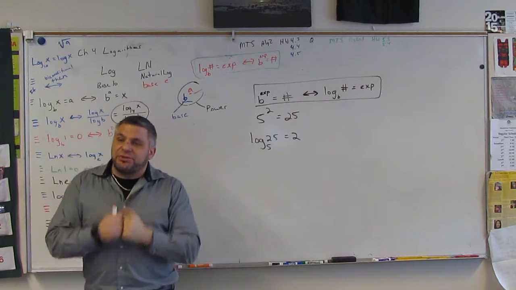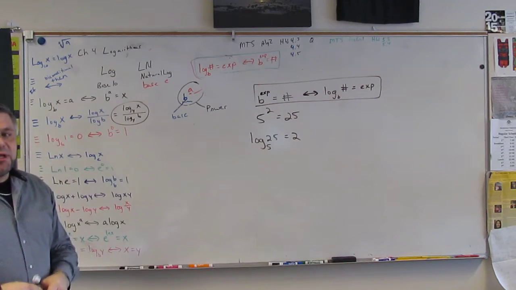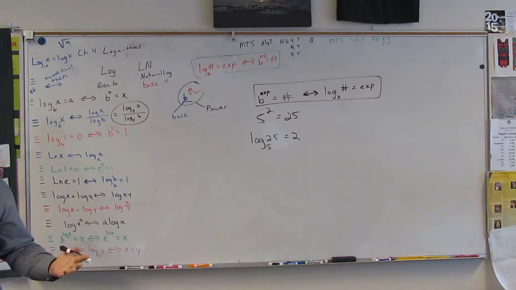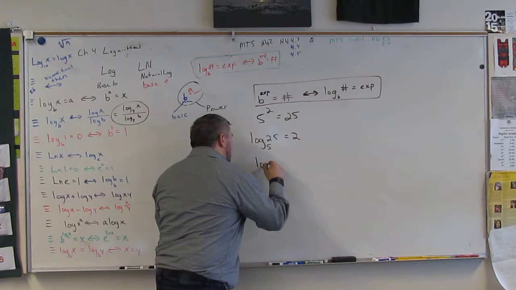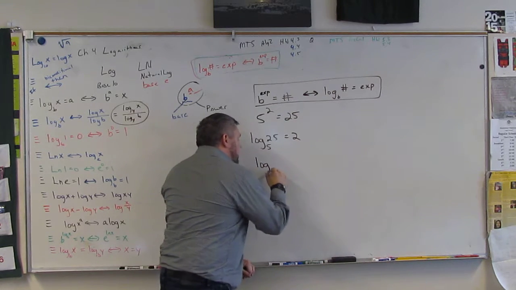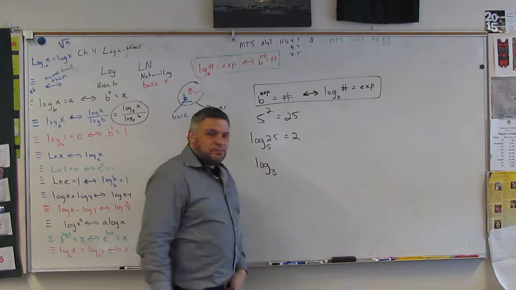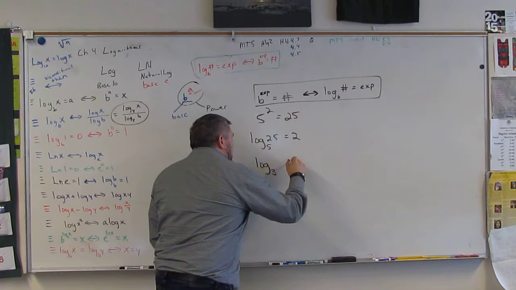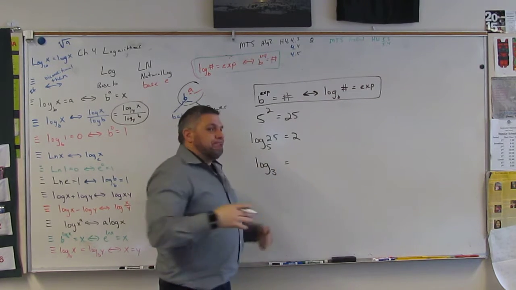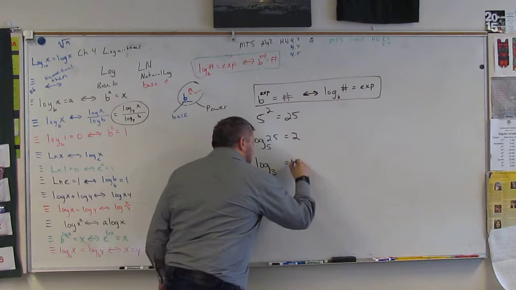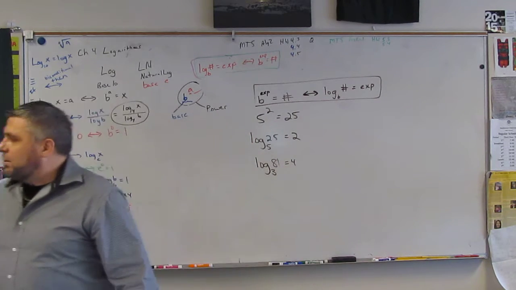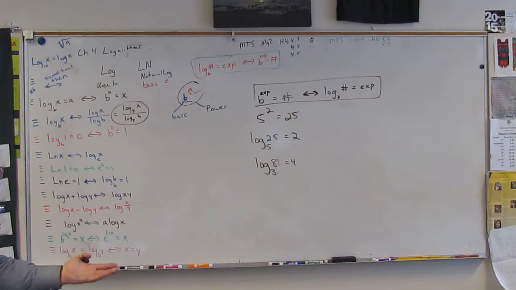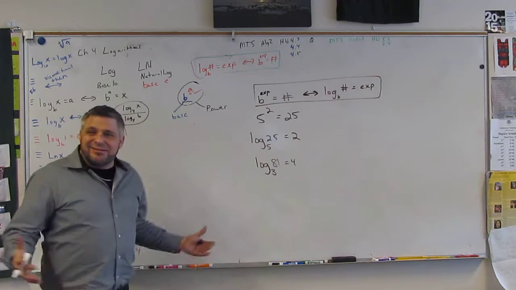And the reason we do this is because it's not always neat. What I mean by neat is the log base 3 of 81 is 4.